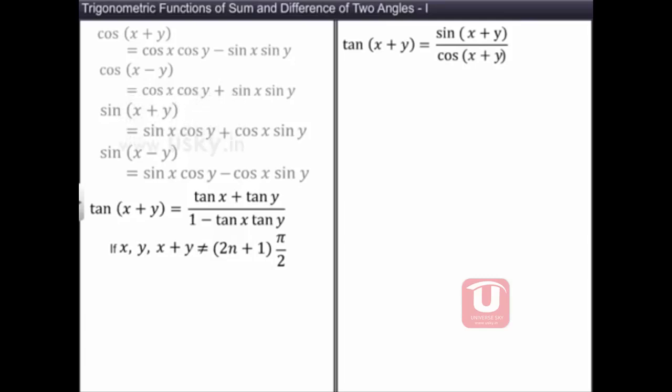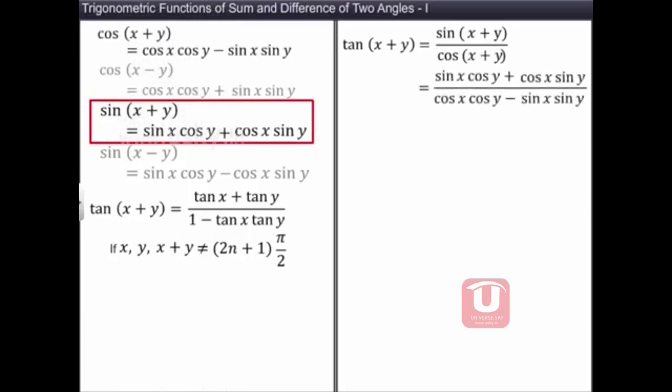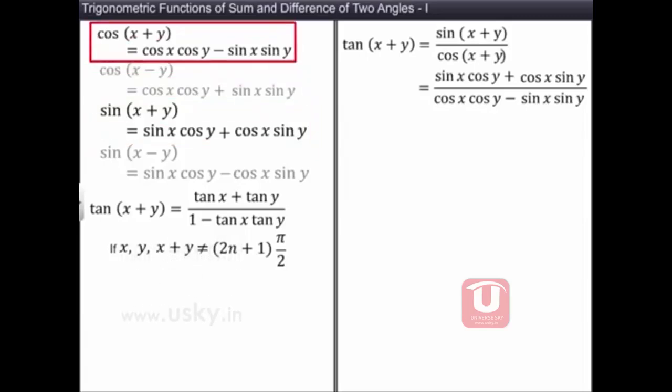Beginning with the left-hand side, tan of x plus y can be written as sine of x plus y divided by cos of x plus y. Sine of x plus y is equal to sine x into cos y plus cos x into sine y, and cos of x plus y is equal to cos x into cos y minus sine x into sine y.